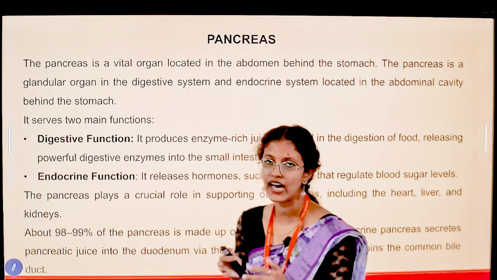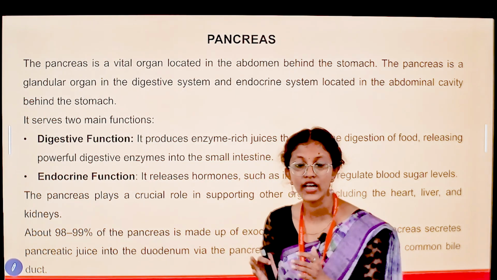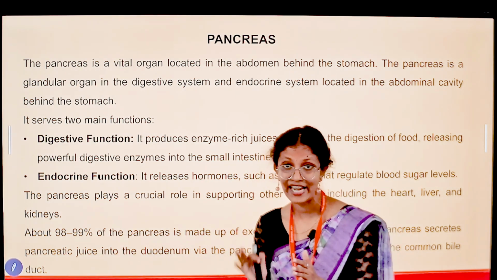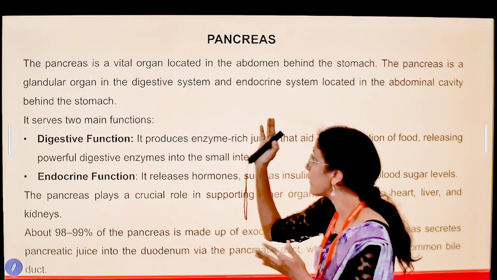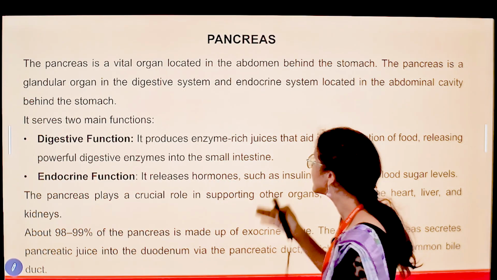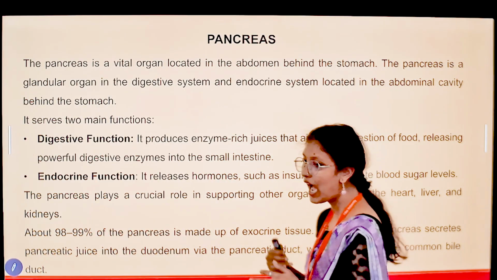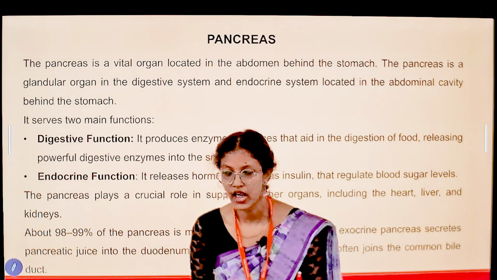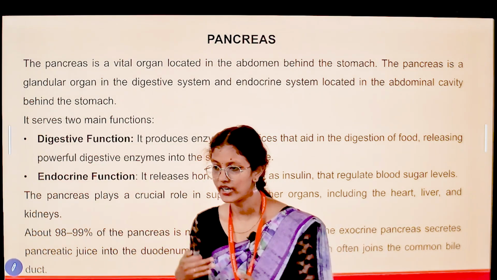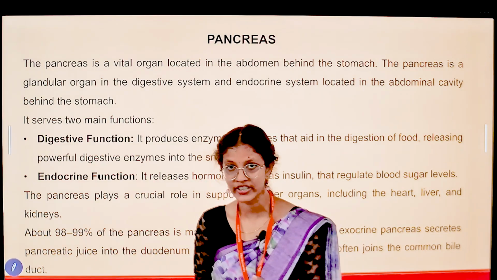The pancreas has both exocrine and endocrine functions. The pancreas is a vital organ located in the abdomen, behind the stomach, which helps with digestion and also has an endocrine function.